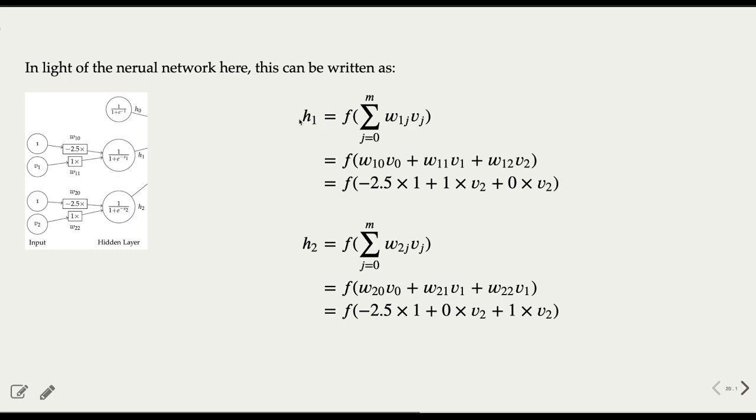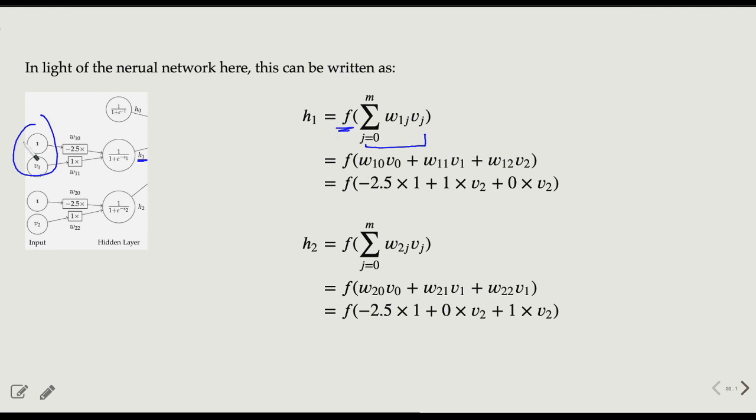So let's look at the example here from input to the hidden layer. The hidden layer node H1 is a sigmoid function of the weighted sum from the inputs here. Now in this particular model, we have two inputs. One is the bias, which is always 1, and the other is V1.